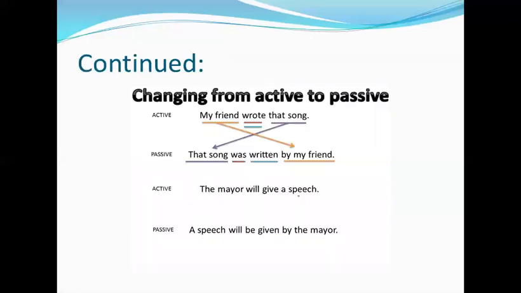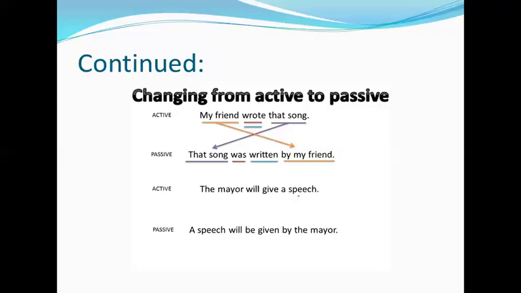To change the active sentence into the passive sentence, we have to change the places of subject and the object. Here in the sentence, my friend wrote that song. My friend is in the subject place, that song in the object place.